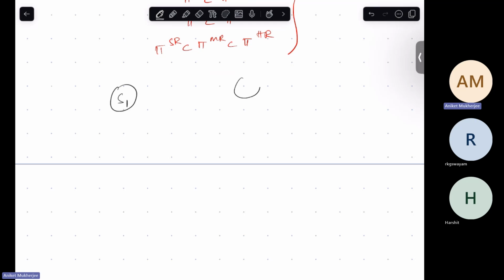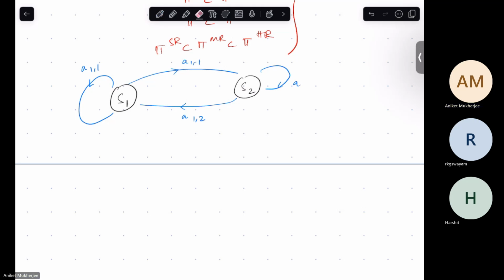Suppose I have two states, S1 and S2, and I have actions A11, A12.